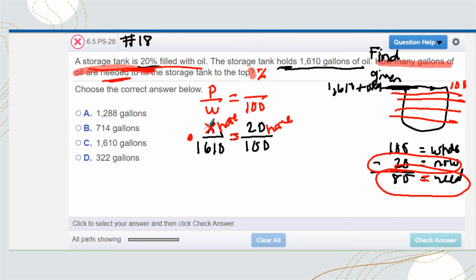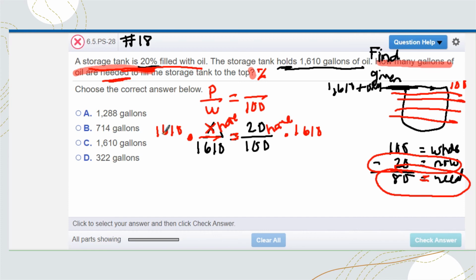Since this says x divided by 1,610, I'm going to move 1,610 to the other side of the equal sign so I can have x on one side by itself. Now you can simplify this and use equivalent fractions, multiply both by 160, get an answer. But I'm just going to solve for the variable because some people have to learn when to multiply and when to divide.